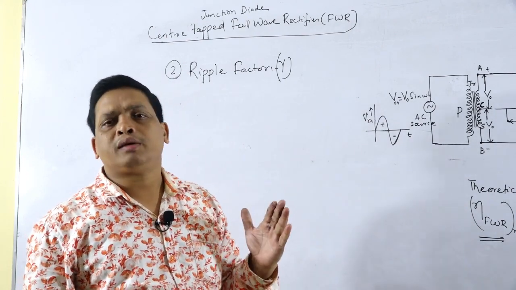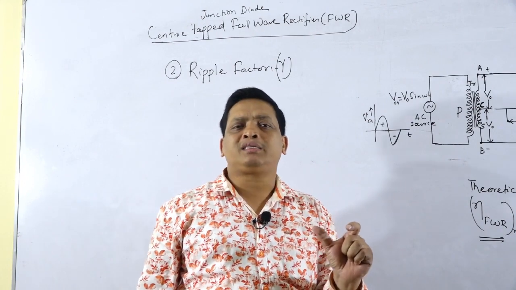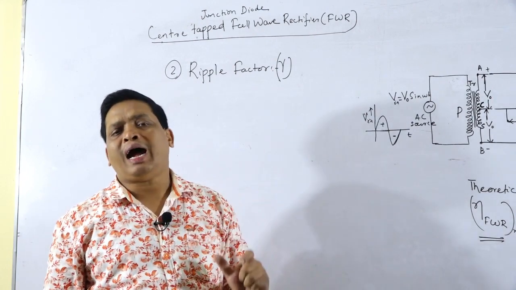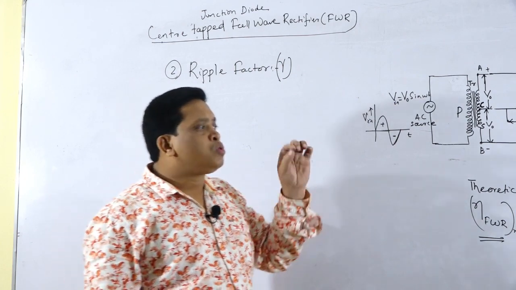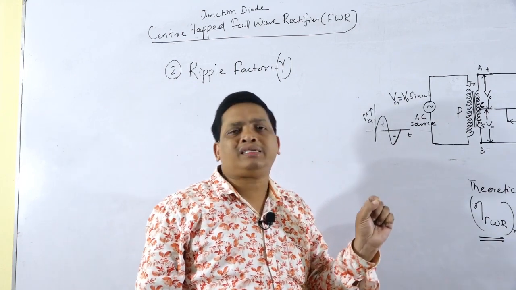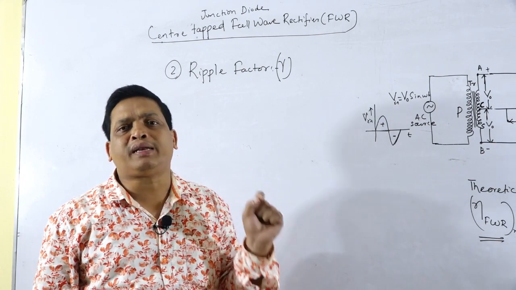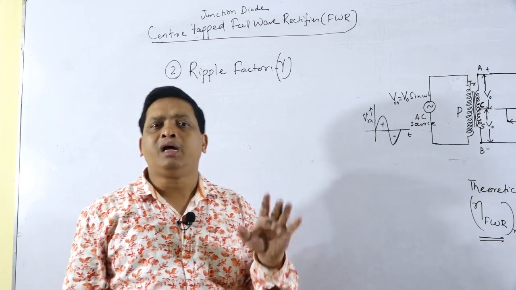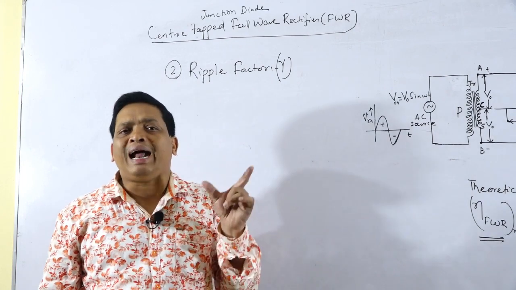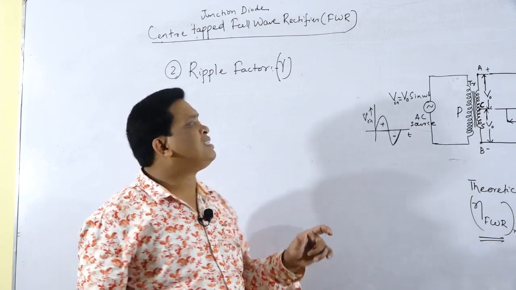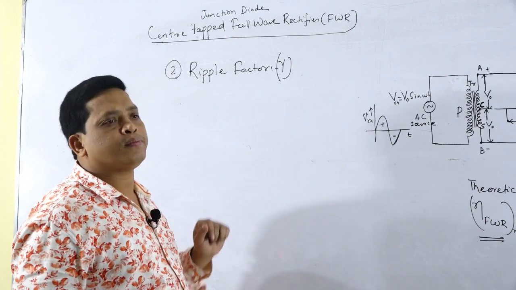It is because some AC components are still present at the output of the rectifier circuit. So, those AC components available at the output of the rectifier circuit are known as ripples. How much ripple is available can be decided from its ripple factor.